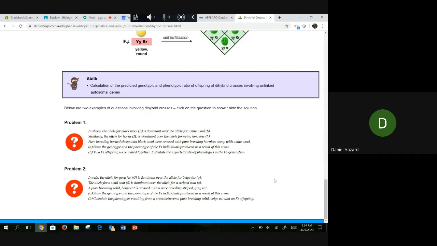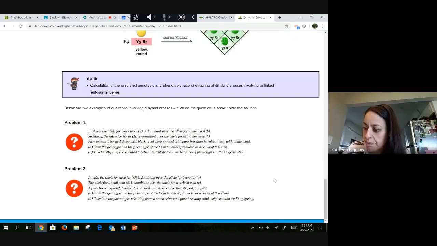Which one is it? I don't remember. That's okay. 100% of your offspring is going to be heterozygous for both traits. Once we do the second part, I'll click on it and all the answers will pop up.